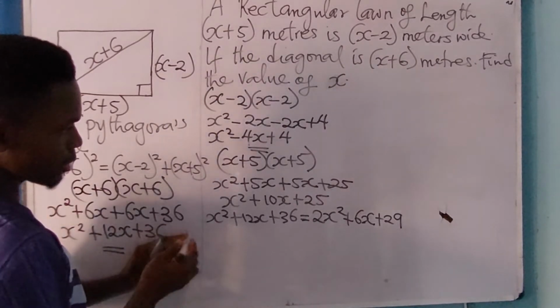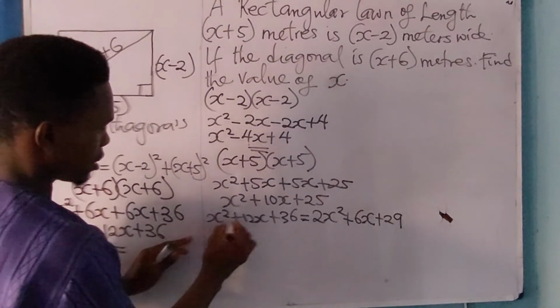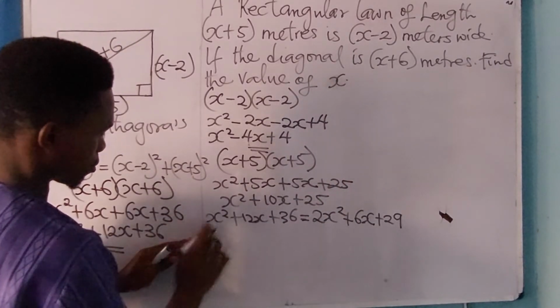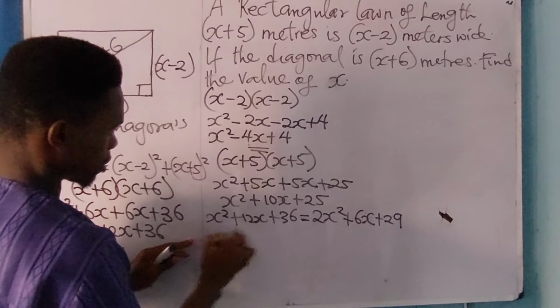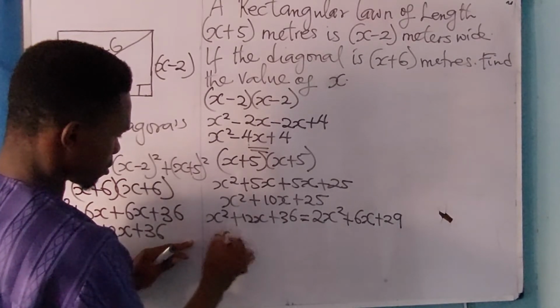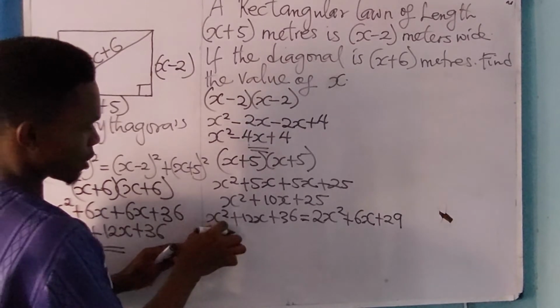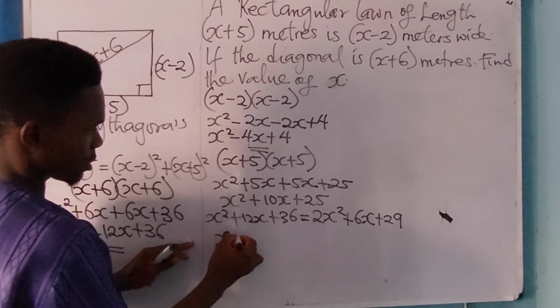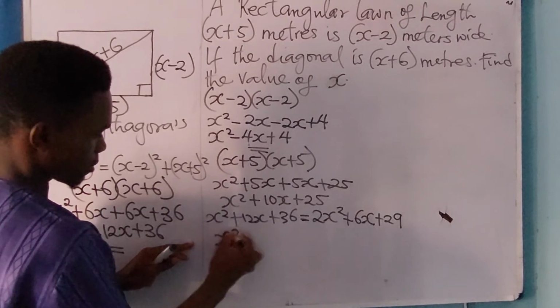In doing so, this will cross over. Taking x squared from 2x squared, I'm left with x squared.